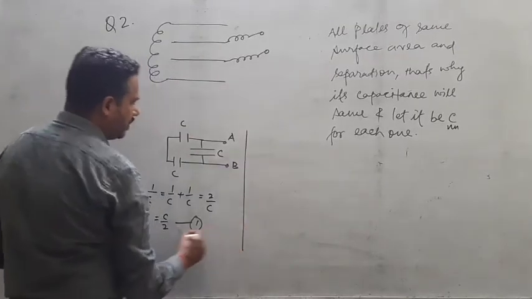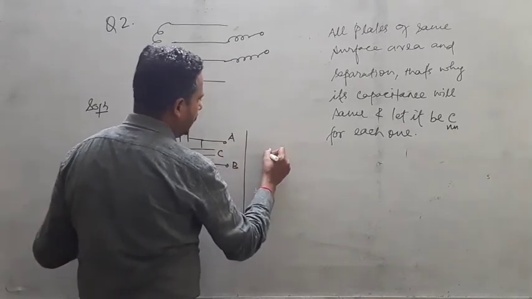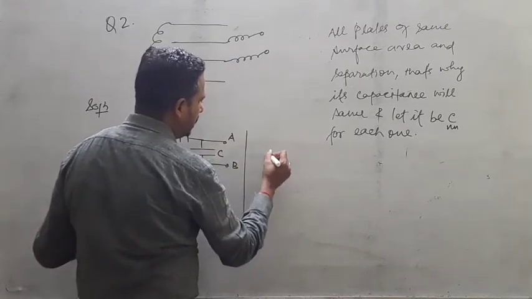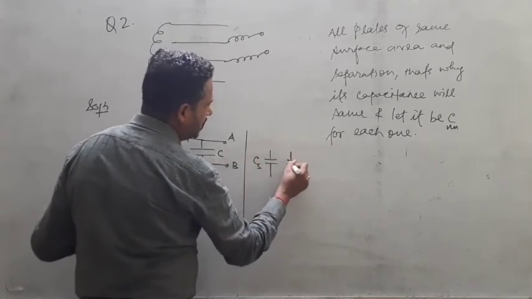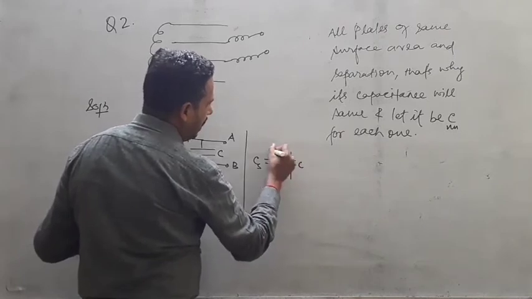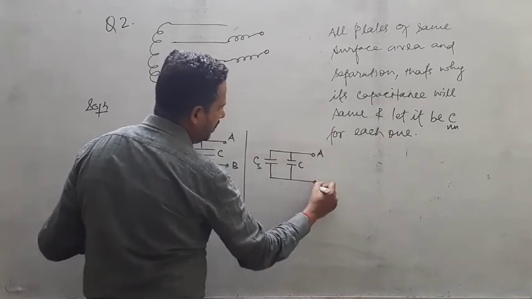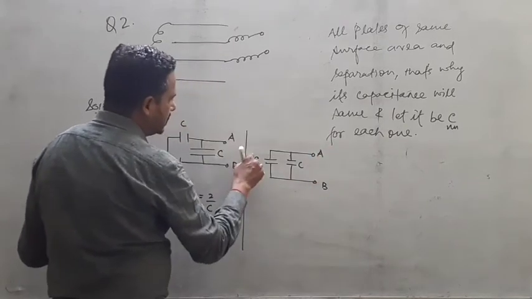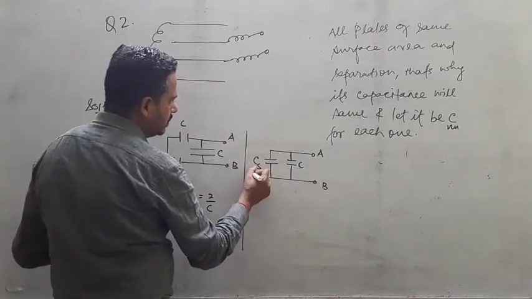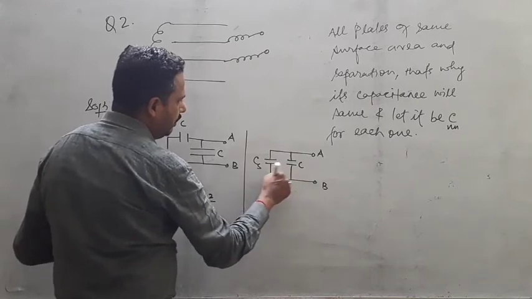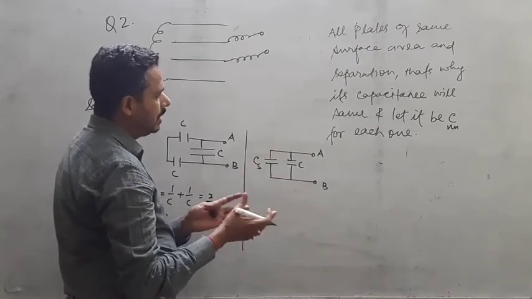Now your equivalent circuit will be like this: one capacitor is Cs and one more capacitor is C, with terminal A and terminal B, where Cs is C by 2. Both are in parallel, and parallel is directly an algebraic sum.